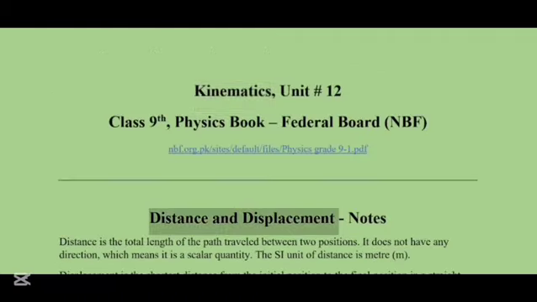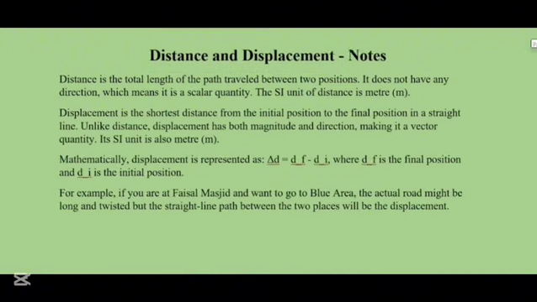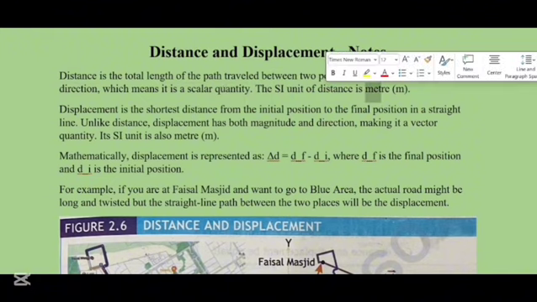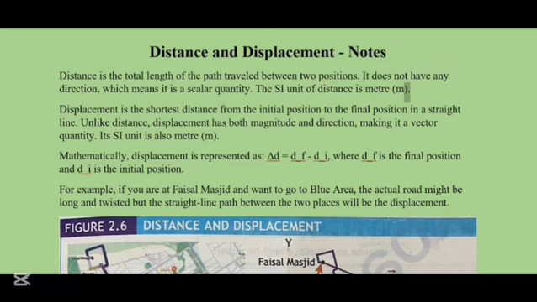Distance and displacement. So what is distance? Distance is the total length of the path traveled between two positions. It does not have any direction, which means that it is a scalar quantity. The SI unit of distance is meter, also known as m.